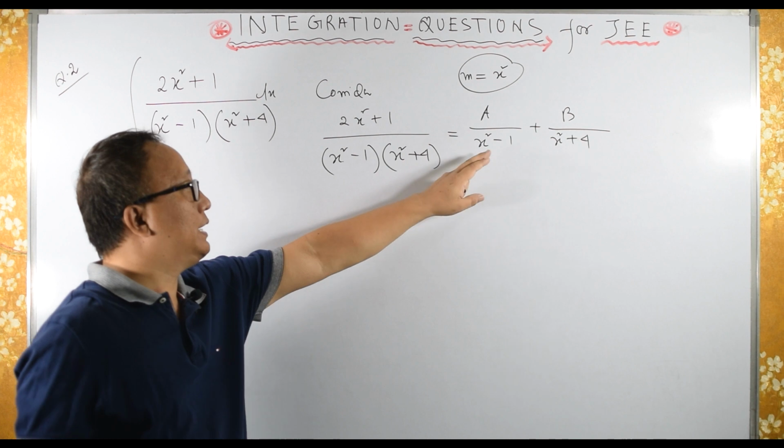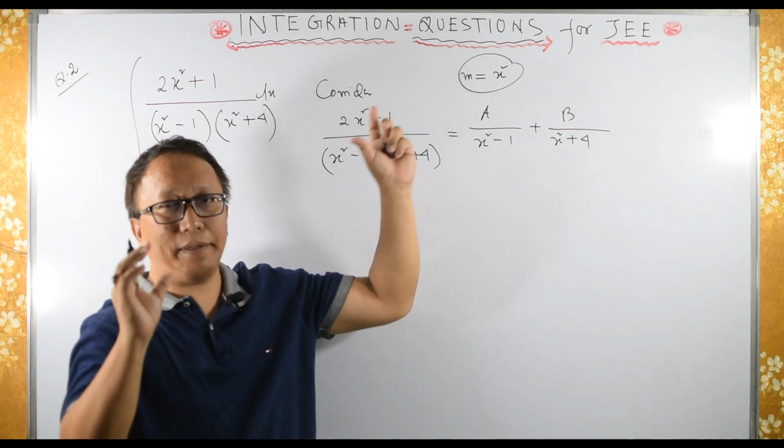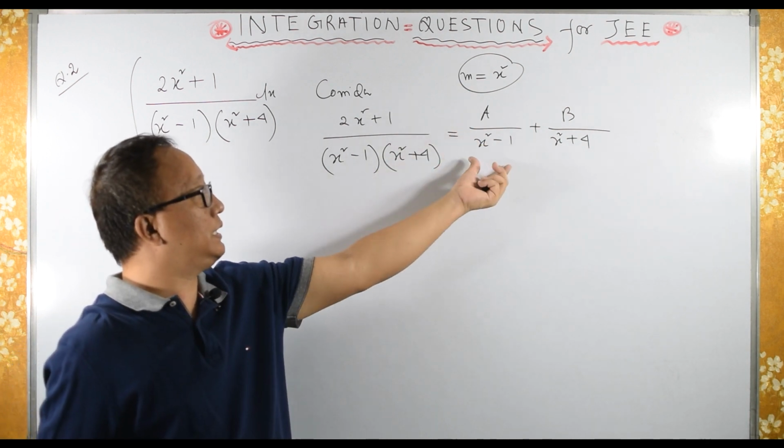You might ask, since these are quadratic, why choose only one constant? Just for the time being, in your brain consider this is some m.